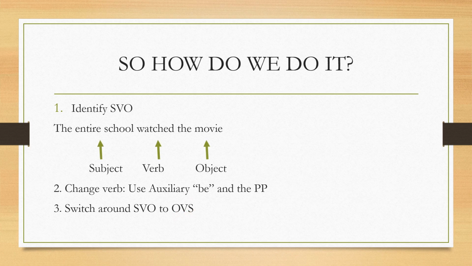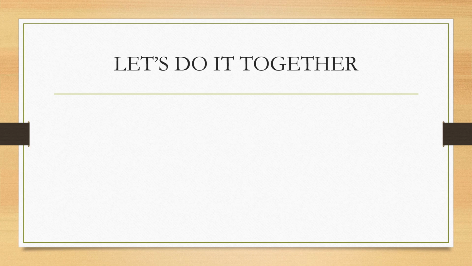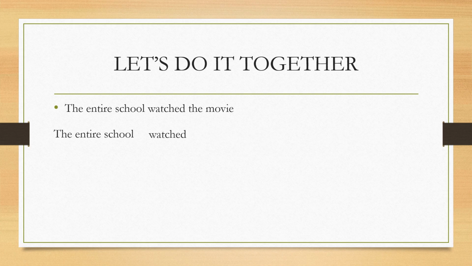I hope you could identify where the subject, verb, and object were. Right. So let's do it together, guys. The entire school watched the movie. Now we've already identified the subject as the entire school, watched as the verb, and the movie as our object. Now we need to switch these around. So obviously we need to start with the movie. Okay? That is our object.